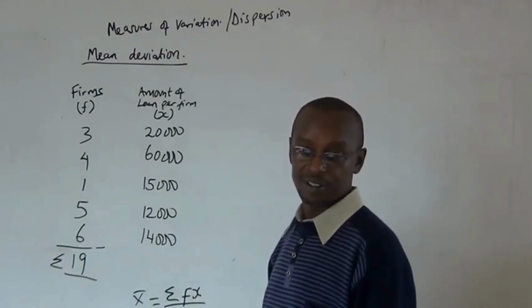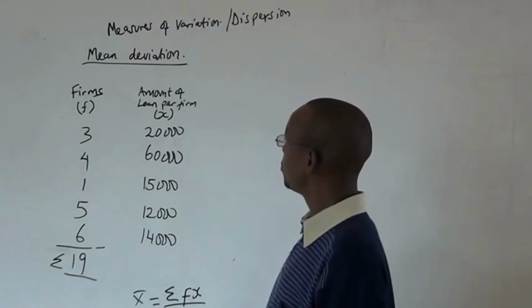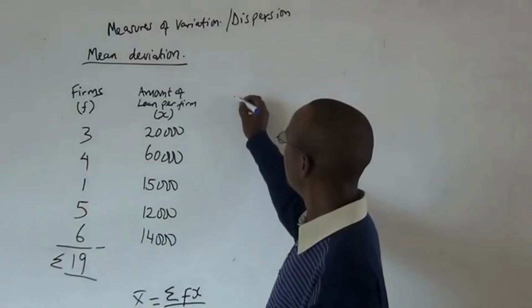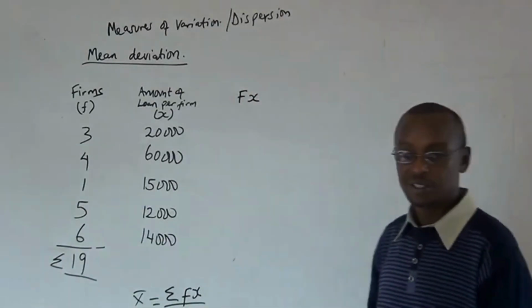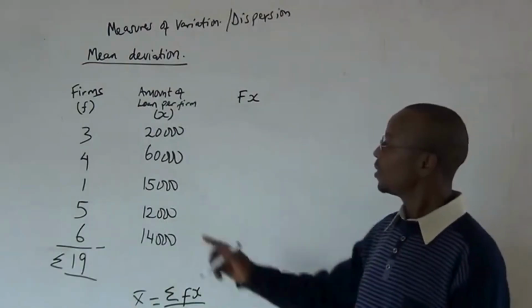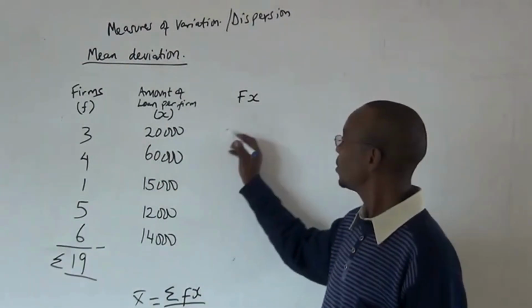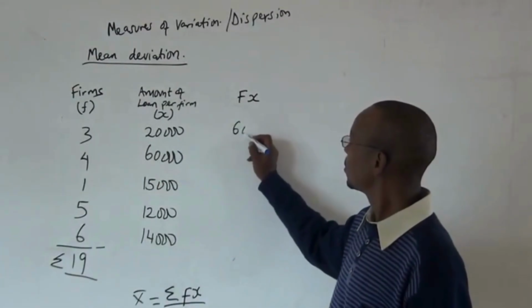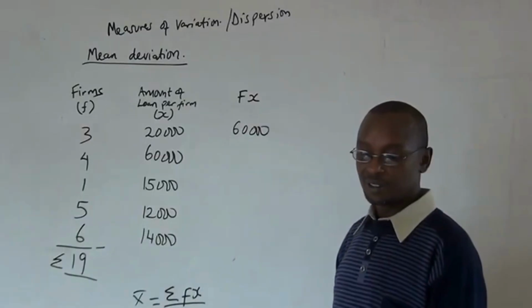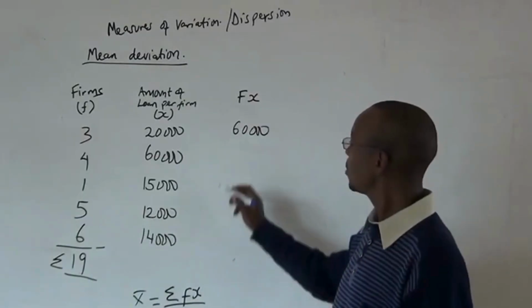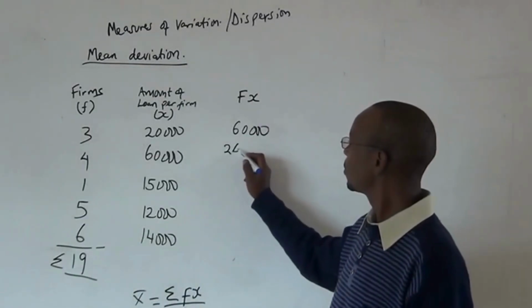So what you need to do is to get a column here, you call it Fx. So Fx will be 3 times 20,000, which is 60,000. 4 times 60,000, that is 240,000.